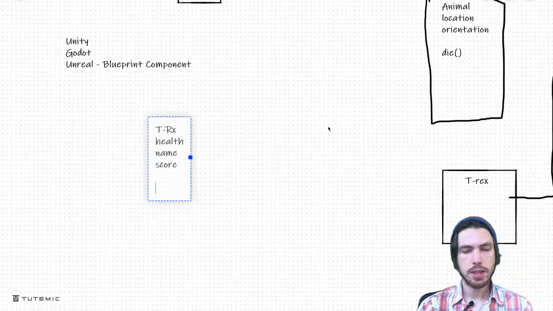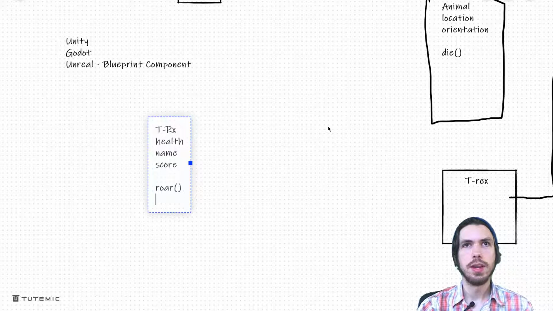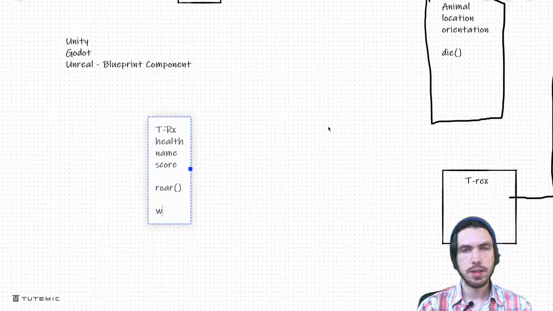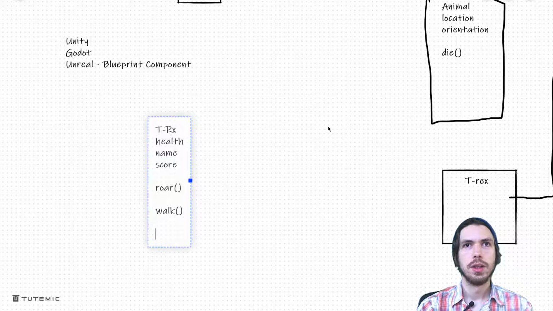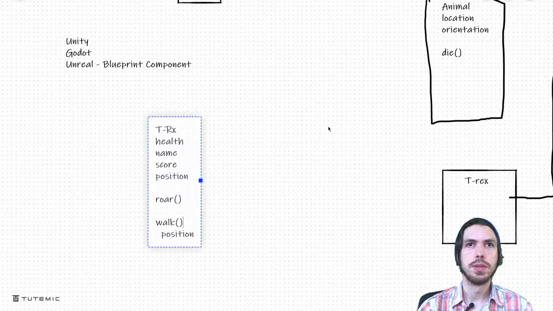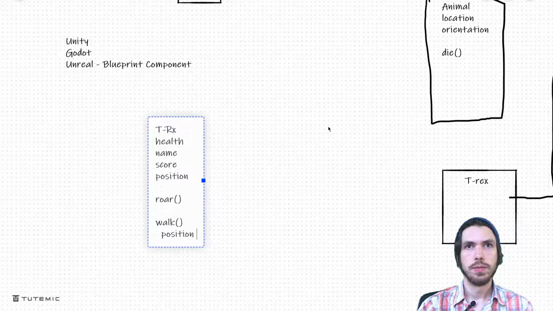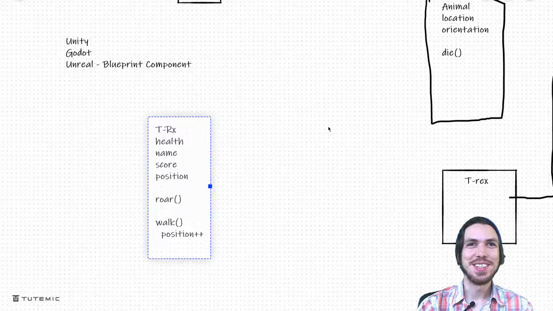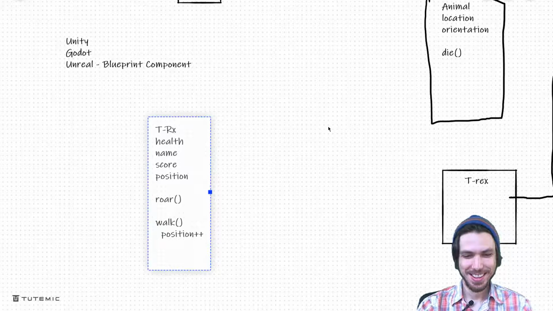And then T-Rexes can roar, so we've defined that. And the T-Rex can walk around, and in this walk around situation we have a position, and the position can, let's say, position plus plus, to keep it super silly.